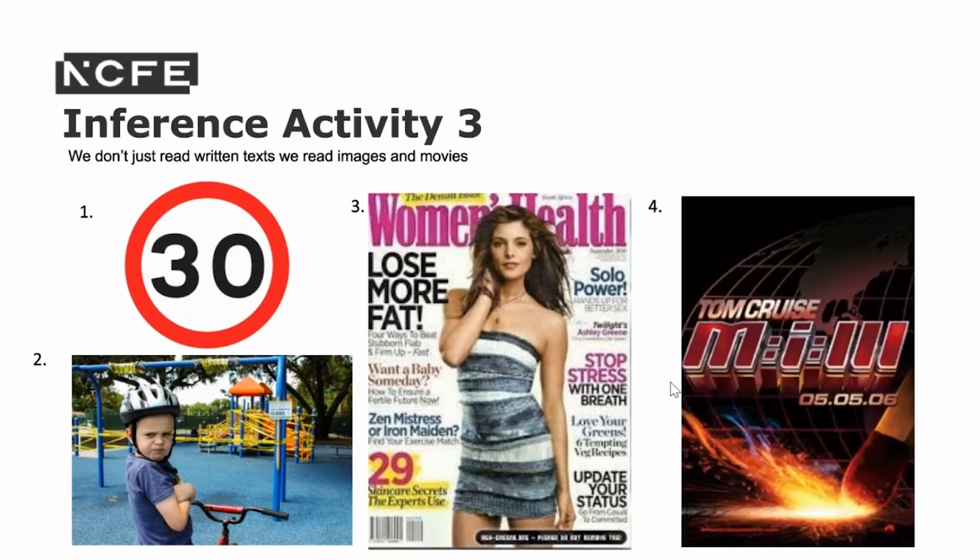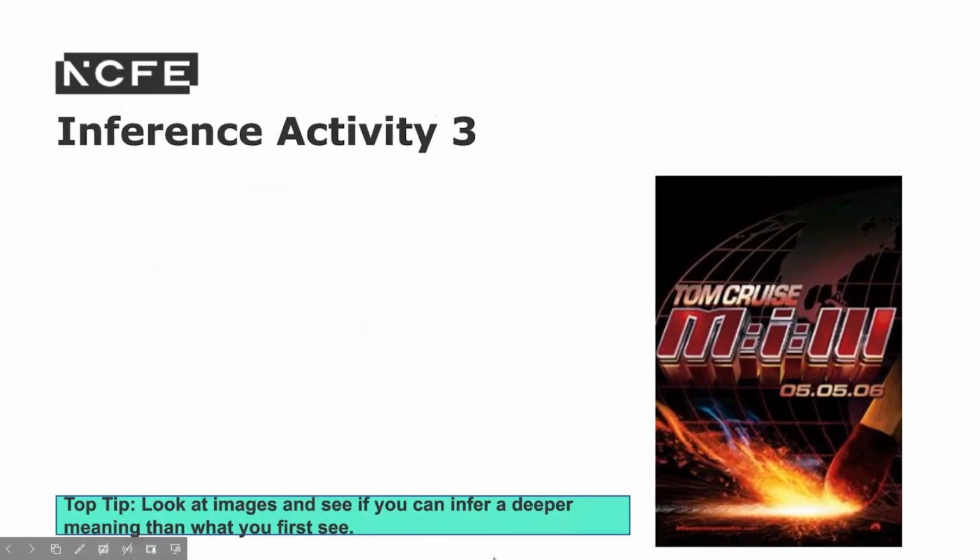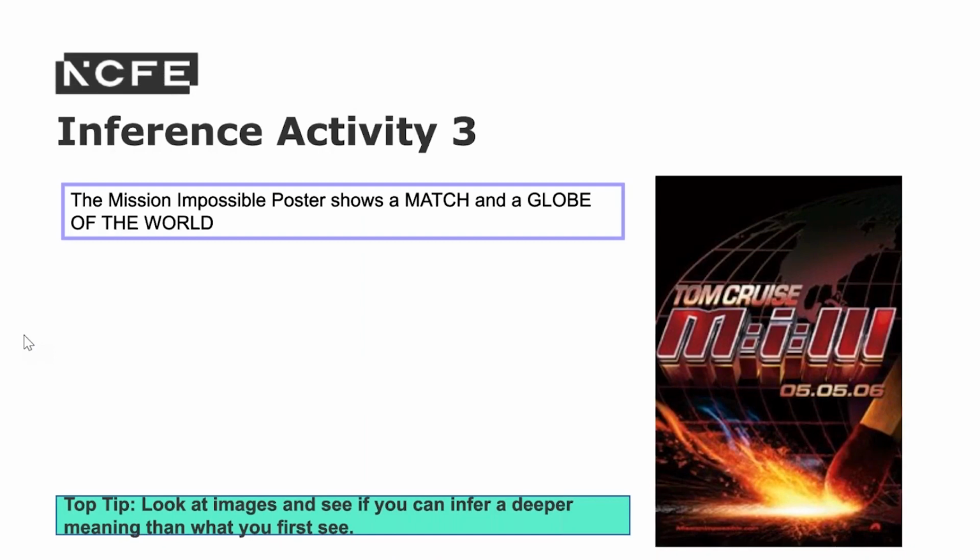And then this is a film poster for Mission Impossible 3. This gives the reader clues about what the film could be about. So we'll take a look at this further on the next slide. So this is a film poster for Mission Impossible 3. You can see there's a globe of the world and the match.